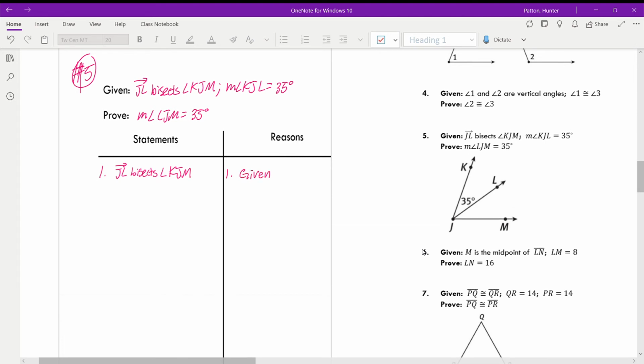Now, step 2. If I know that JL bisects angle KJM, I know that KJL and LJM are congruent, because an angle bisector splits an angle into two congruent angles, basically right down the middle, in half. So my next statement is angle KJL is congruent to angle LJM.